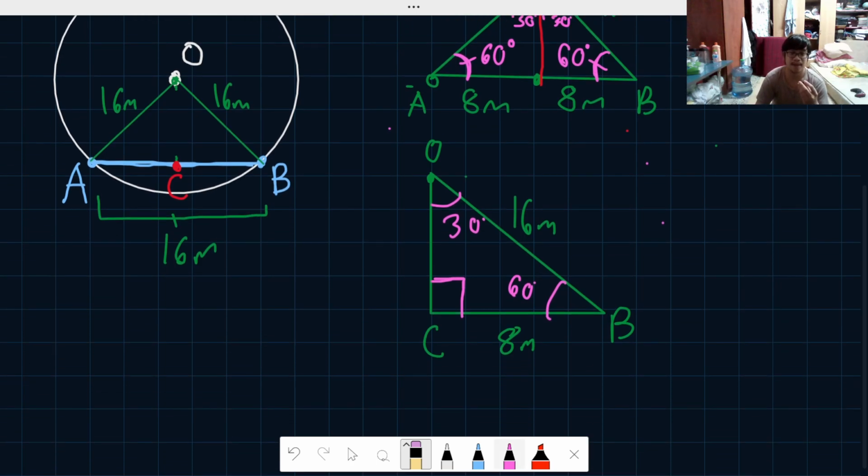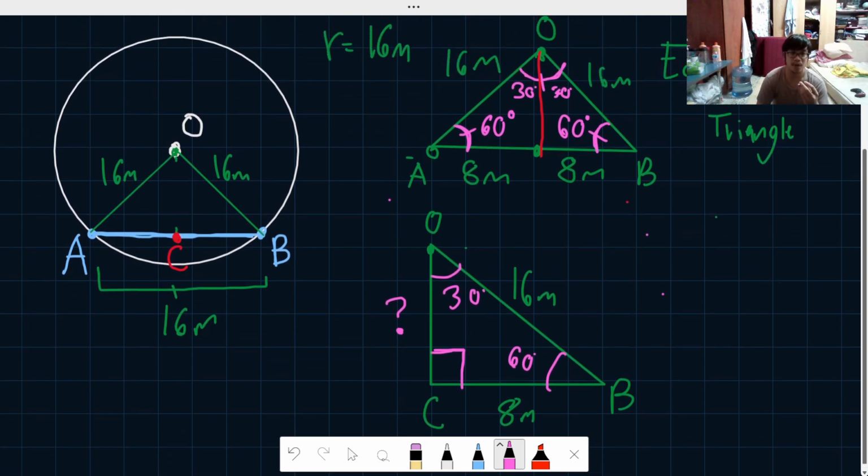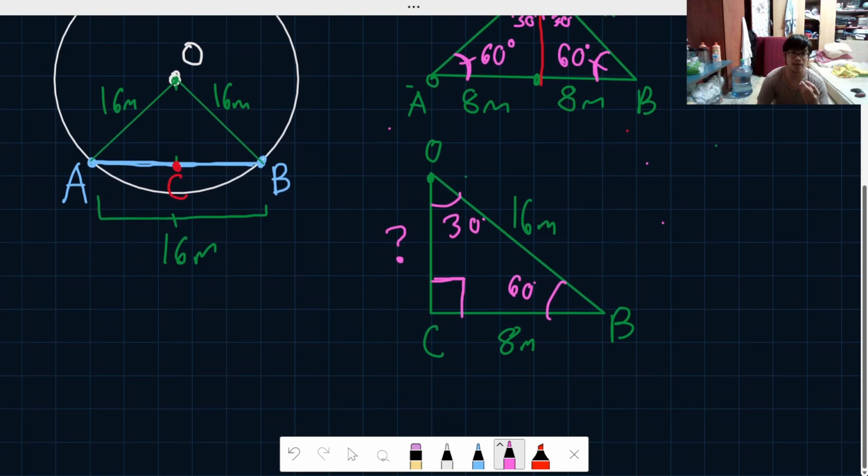So that's it. Now, here's the thing. We have 16 and 8 meters. Now, let's find OC. How are we going to find the length OC? It is very easy actually. There are two ways for you to solve this. What would be the measurement of OC?